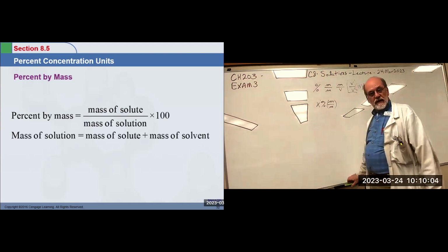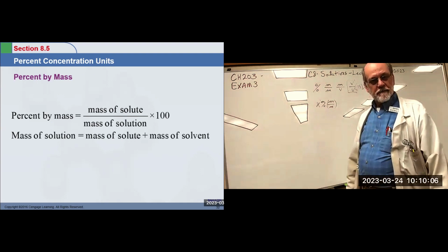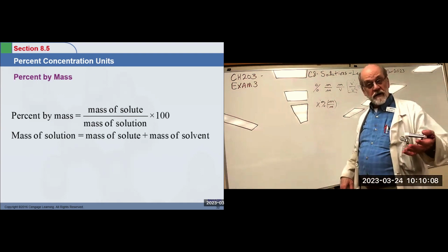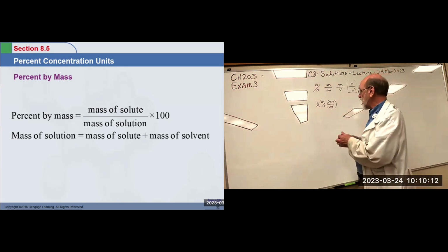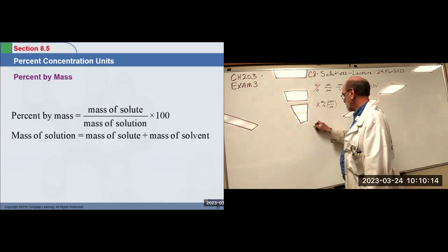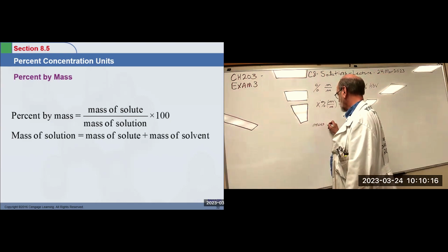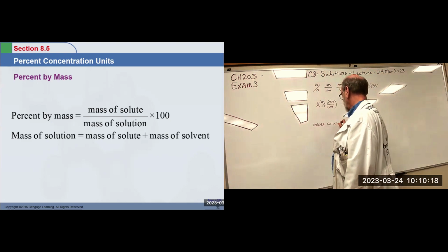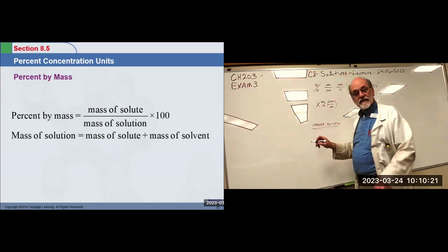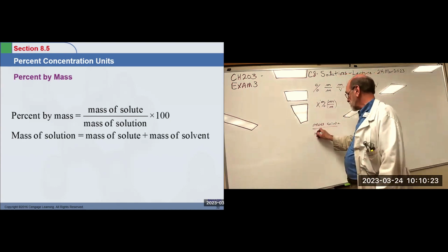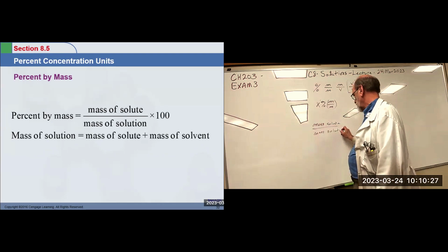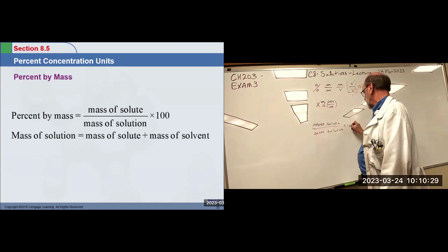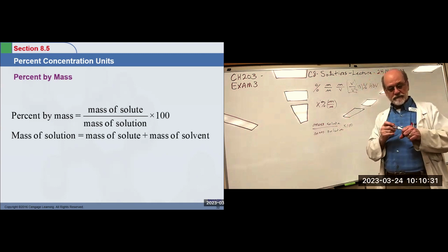So to determine percent by mass, you just need the mass of the solute and the mass of the solution, times 100. And that'll give you percent.